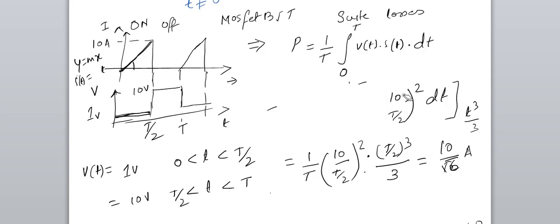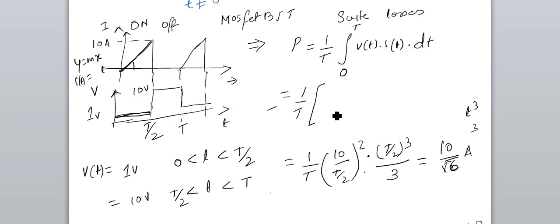So what you can write about the equation? From 1 upon t, integration 0 to t by 2, voltage is 1 volt and your I of t is 10 upon t by 2 into t, right? dt.